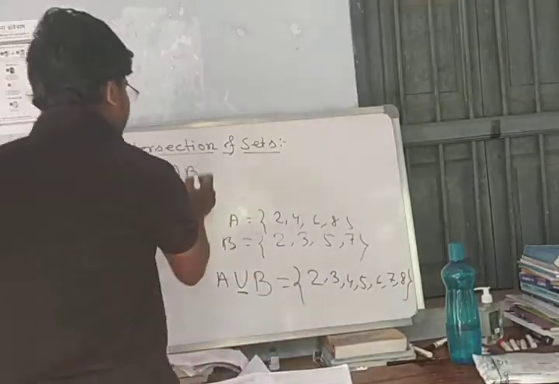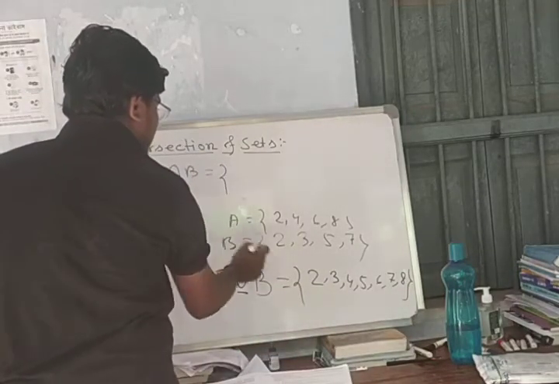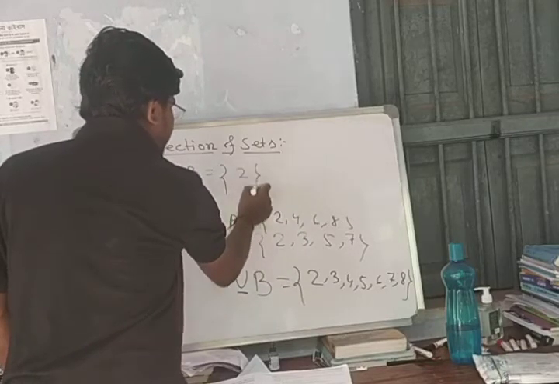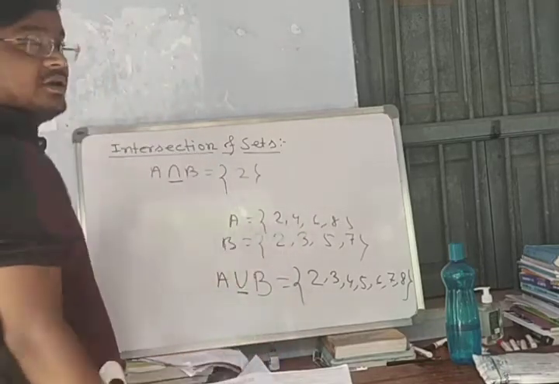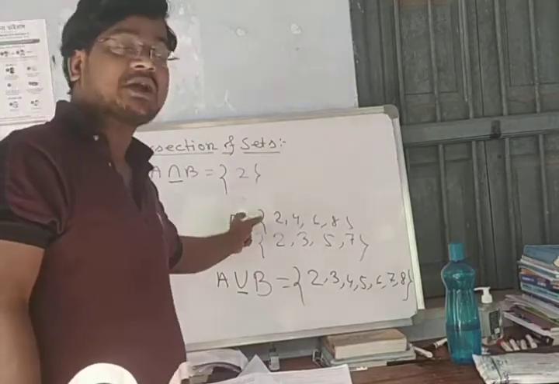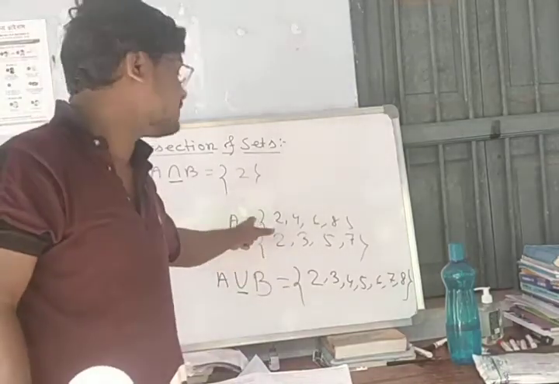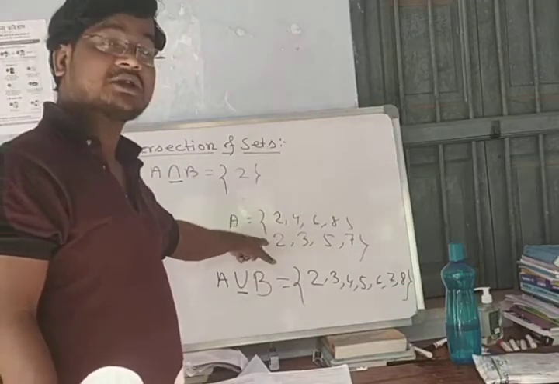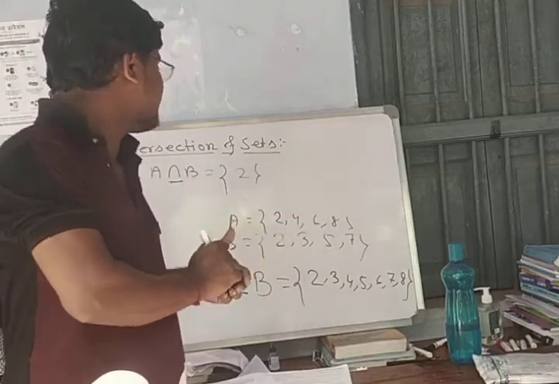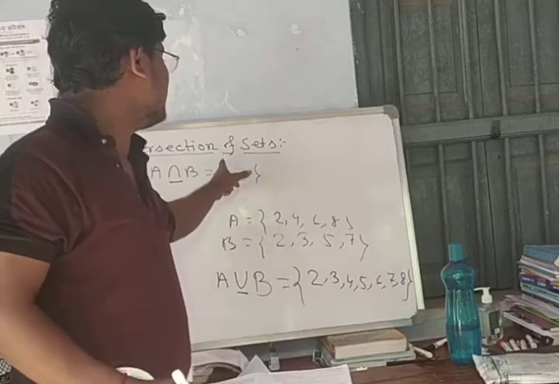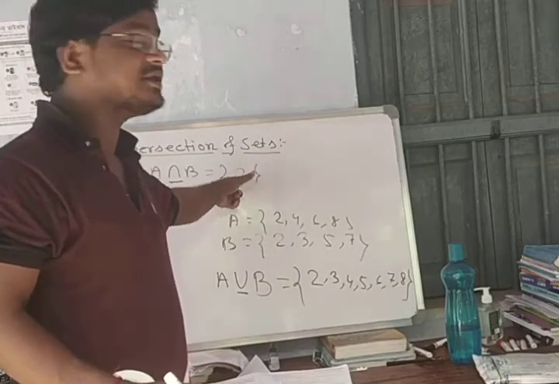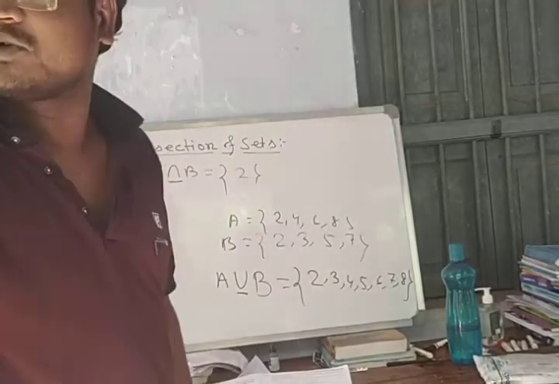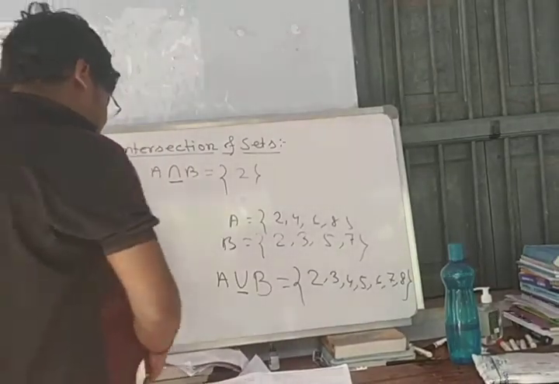A intersection B equals the common elements, only the common elements between these two sets. Between these two sets, the only common element is 2, and this will be a set. This is the intersection between A and B.